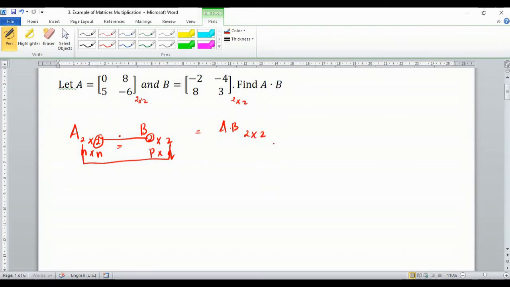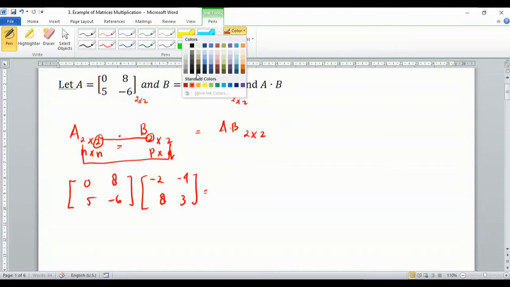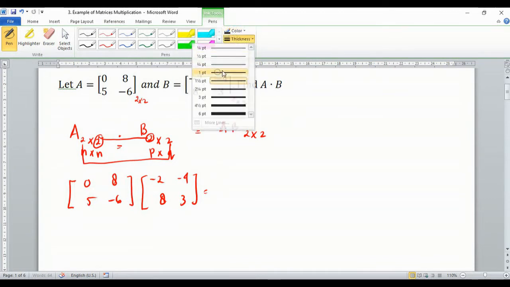So without further ado, let's calculate this matrix. A is 0, 8, 5, -6 times B, which is -2, -4, 8, 3. Okay, everyone, let me change the color so the thickness is 1.